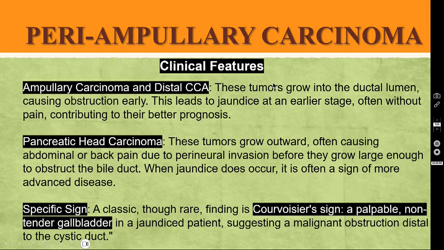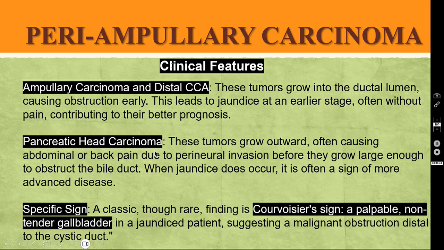What are the clinical features? Except for pancreatic head carcinoma, in ampullary carcinoma and distal CCA the tumors grow into the ductal lumen. This will present with jaundice earlier, so prognosis is good.